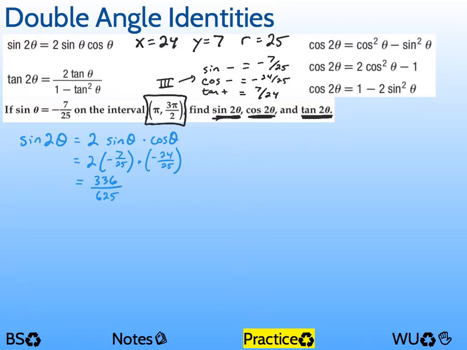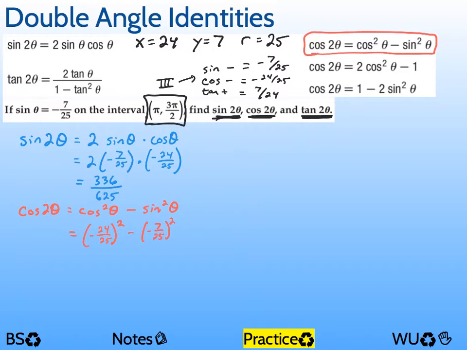Next, let's get cosine of 2 theta. And you can pick whichever one of these you like. Just for fun, I'll go with the first one here. It doesn't matter which one you use, so you're going to have cosine squared of regular theta minus sine squared of theta. So in this case, we're going to have negative 24 over 25 squared minus negative 7 over 25 squared.